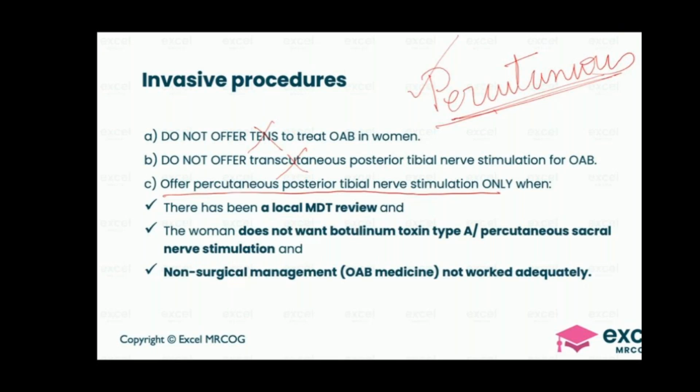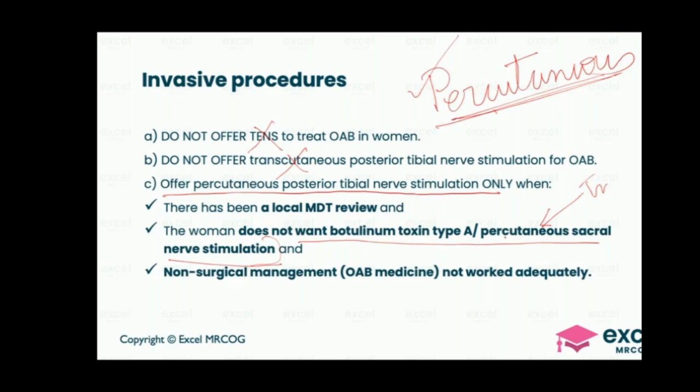catheterization. Posterior tibial is offered if there has been an MDT review and the woman does not want botulinum or percutaneous sacral nerve stimulation. This is because to put that transducer into the sacral area, you need to give a skin incision and put it in the sacral area.